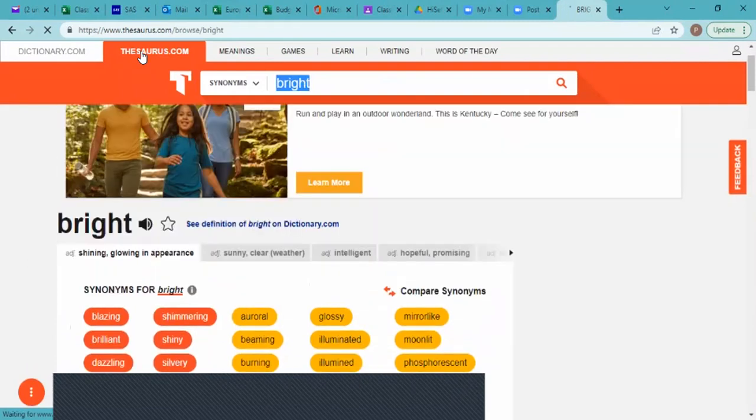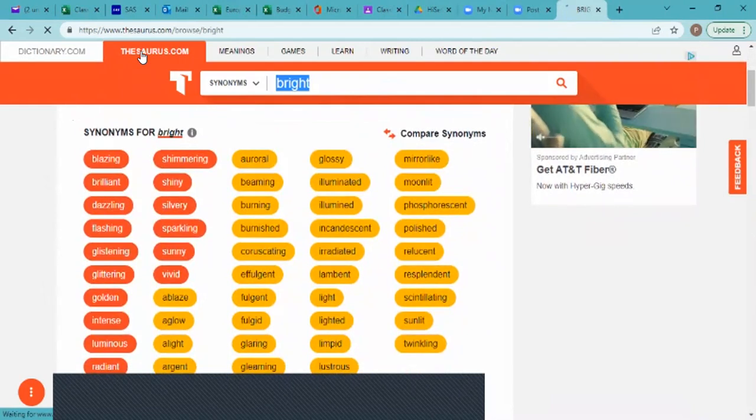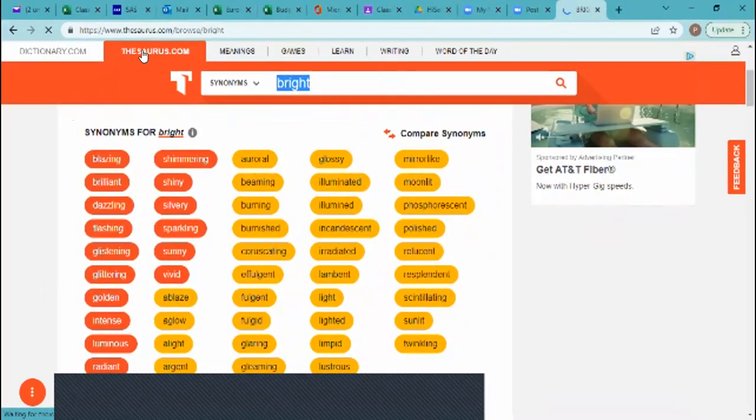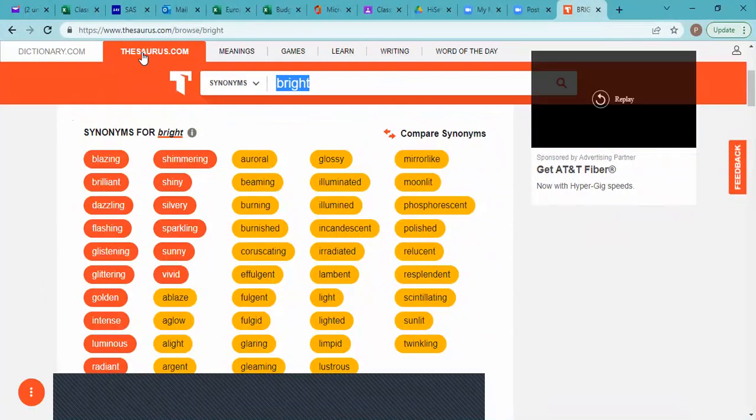Blazing, brilliant, dazzling, shimmering, shiny, sparkling, again, sunny, golden, luminous would be a good word. Now, not all of these words would fit into that sentence, so you just have to try that word. So I said, it is a bright day outside.